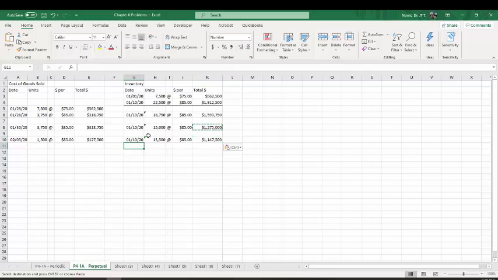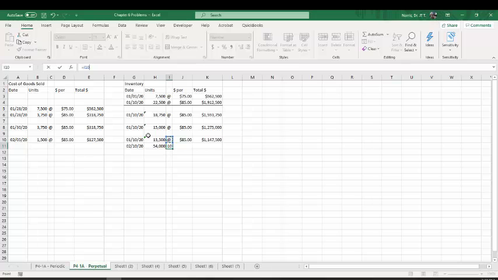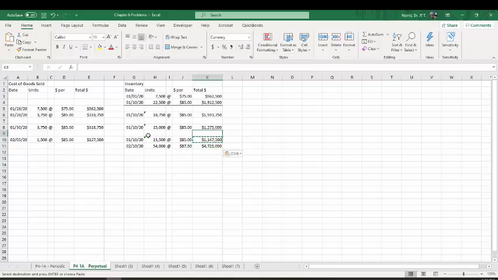At this time, we purchase on February the 10th another batch of 54,000 units that cost us $87.50 each. So this was an ending inventory, and this was an ending inventory, and now we have this as an ending inventory.